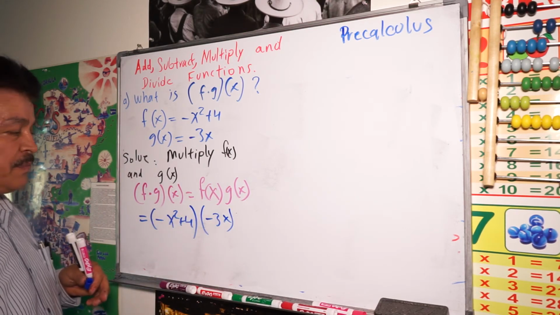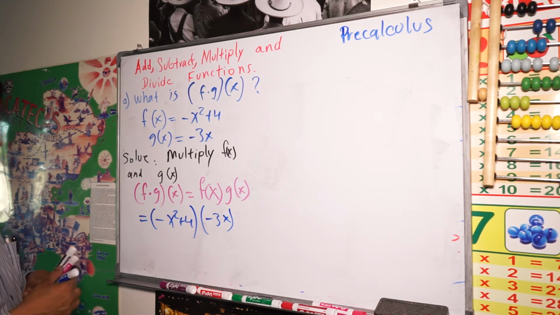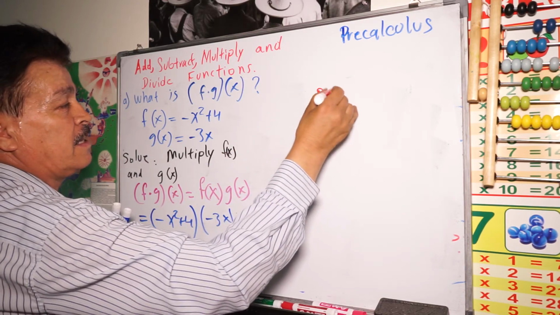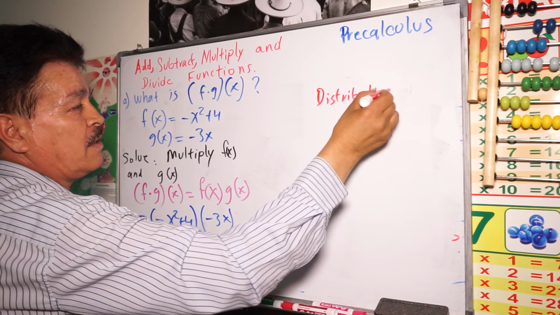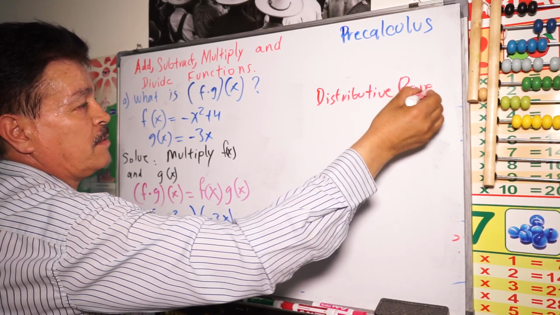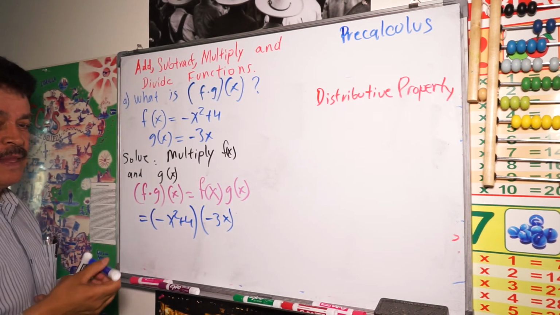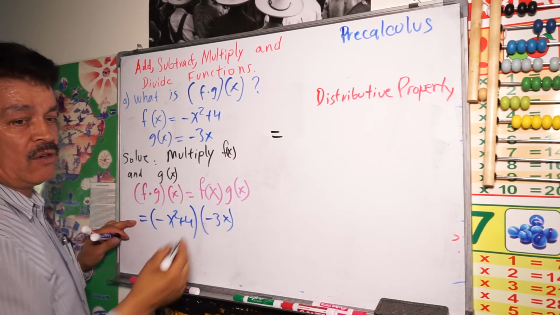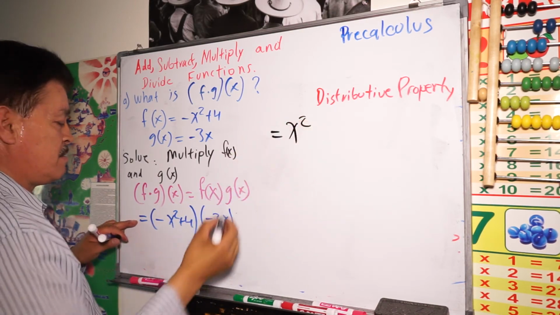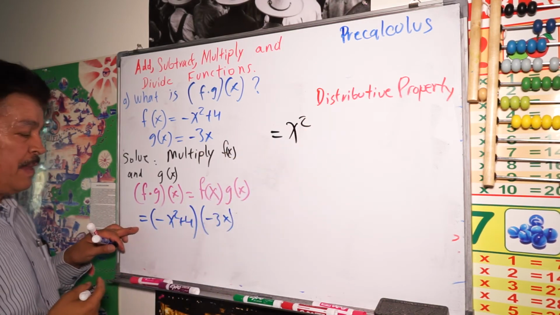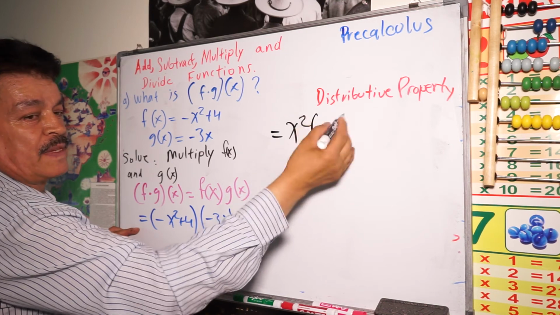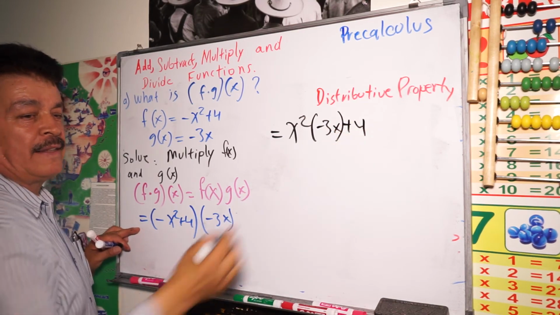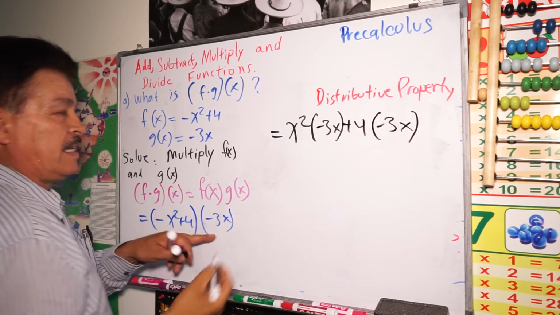This is our multiplication. Here we apply the distributive property: negative x squared times negative 3x, plus 4 times negative 3x.